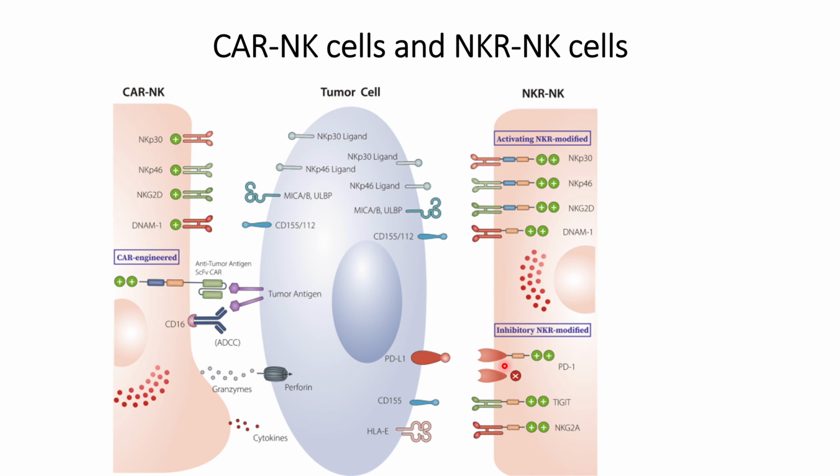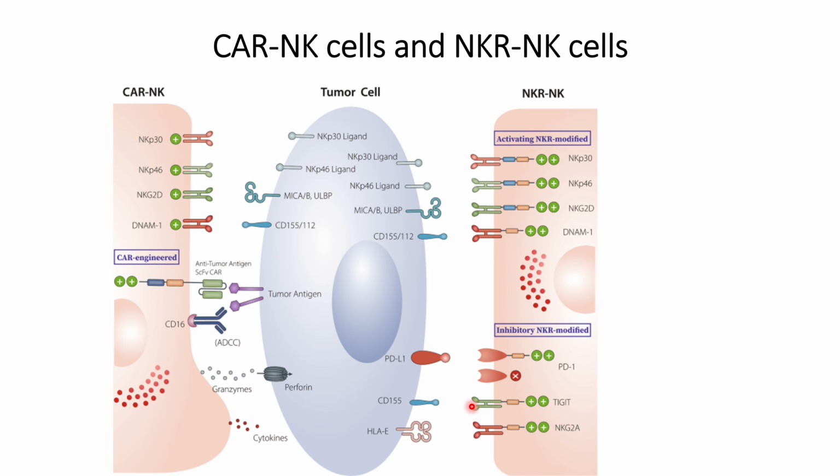Instead of tumor suppression, it will perform an anti-tumor response when the PDL1 ligand interacts with this modified PD1 receptor on the NK cells. Similar modifications have also been done for CD155 receptors and HLA-E receptors.